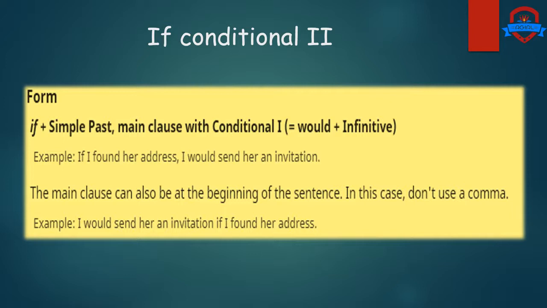The first part is in the past, and the second part is would plus infinitive. The main clause can also be at the beginning of the sentence. In this case, don't use a comma. For example, I would send her an invitation if I found her address. Here, we omitted or removed the comma.